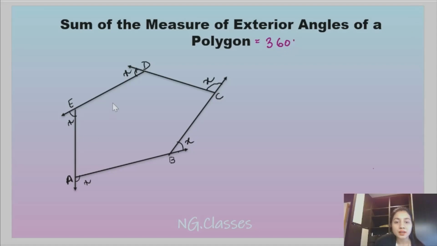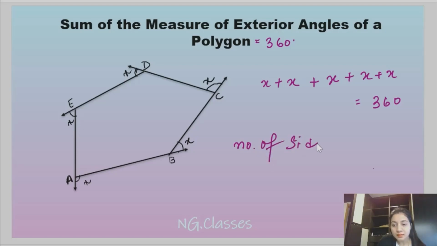Now suppose here I have taken the same figure and each of its exterior angles I have taken as x degrees. So can I write x plus x plus x plus x plus x, 5 times x, is equal to 360 degrees, or the number of sides into x is equal to 360 degrees.